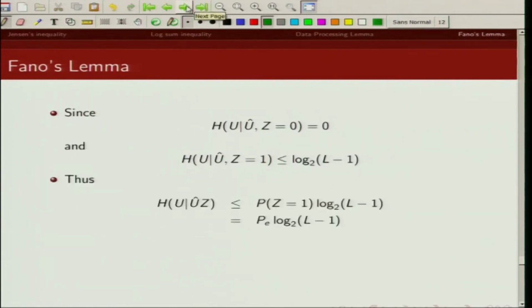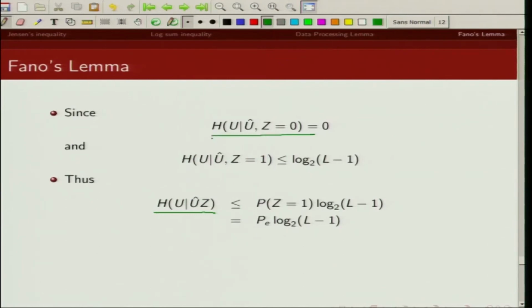So if I plug that in, then the uncertainty in U given U hat and Z can be written as probability of Z equal to 1 times the uncertainty in U given U hat and Z equal to 1, plus probability of Z equal to 0 times the uncertainty in U given U hat and Z equal to 0.